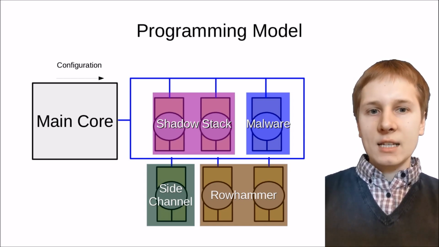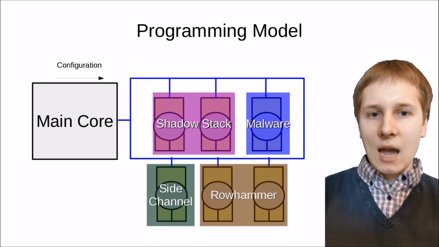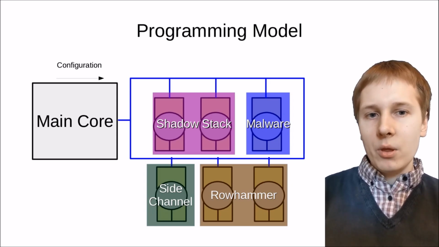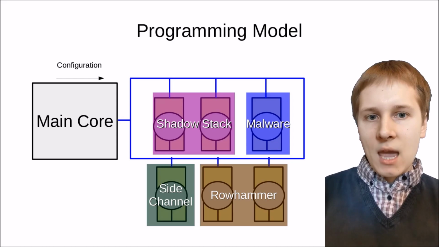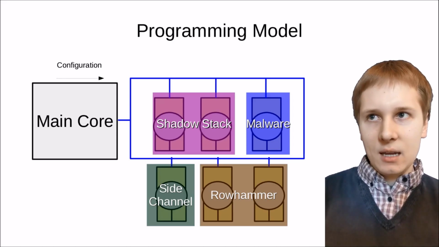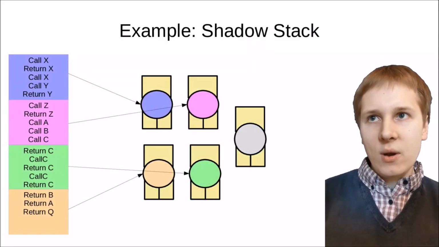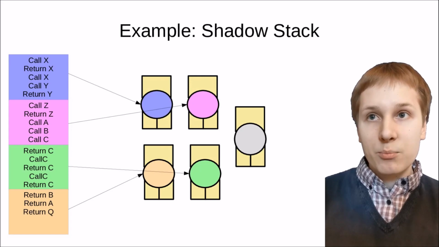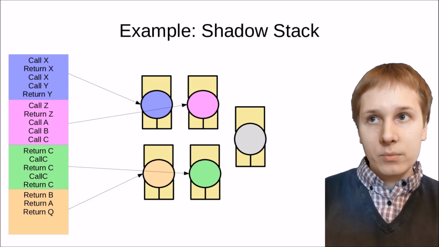Now we're going to look at an example of just how you can parallelize these workloads. We have more examples in the paper, but the one we're going to focus on here is a shadow stack technique. What we're trying to do here is analyze our return stack to check whether anyone is trying to do a return-oriented programming attack on us, for example.